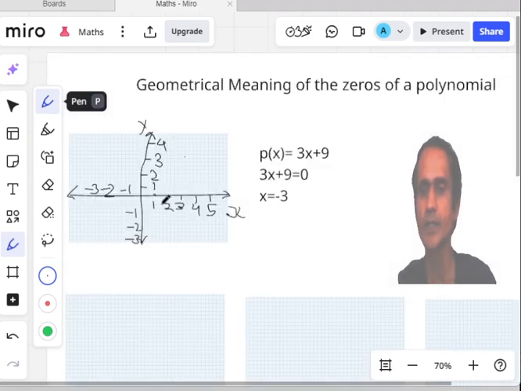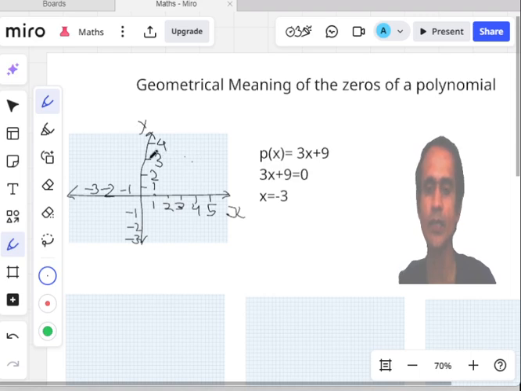So values on the x-axis are known as abscissa and values on the y-axis are known as ordinate. And if you take any point on this graph, there will be some corresponding value of x and y.